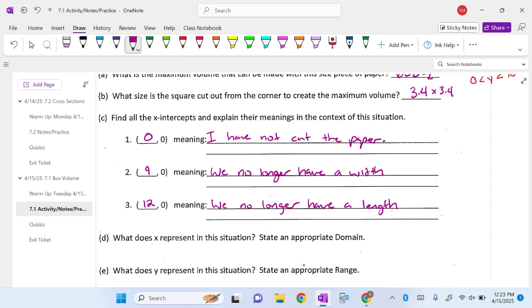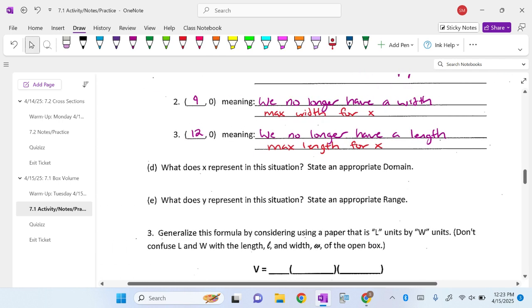All right. So, in other words, their meanings are the max width and the max length possible for x.